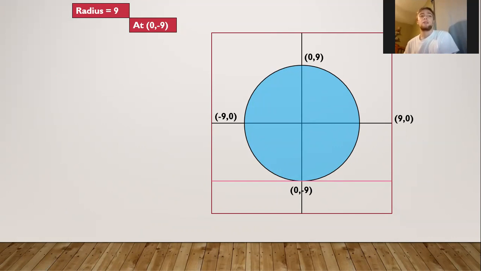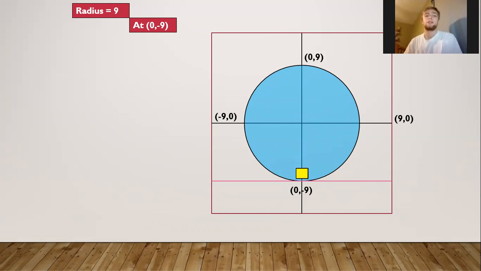The radius is from the origin to any halfway point of the circle. The little yellow box is around the origin. If we were to go any of these 4 directions, that would be the radius. And the radius, you can see, is 9.